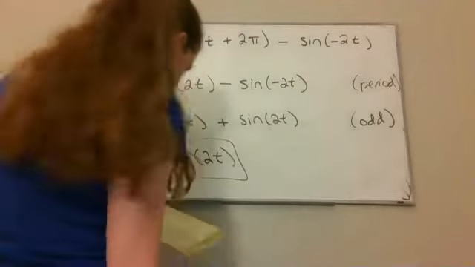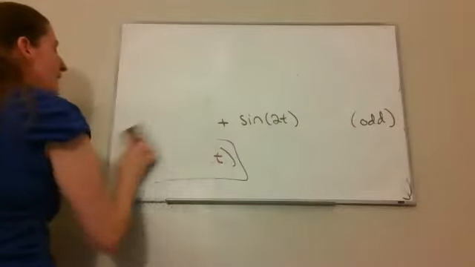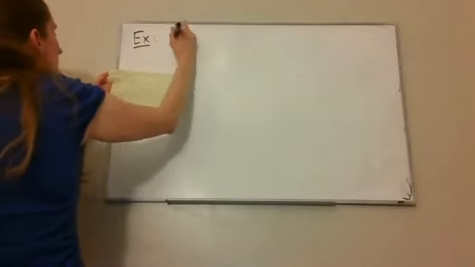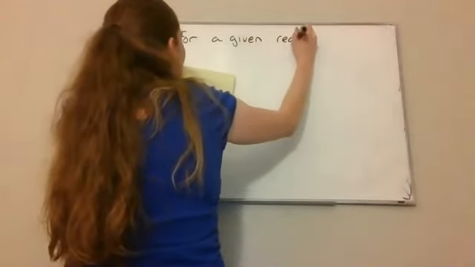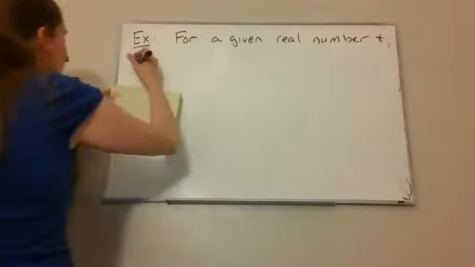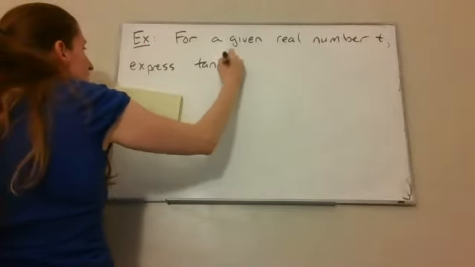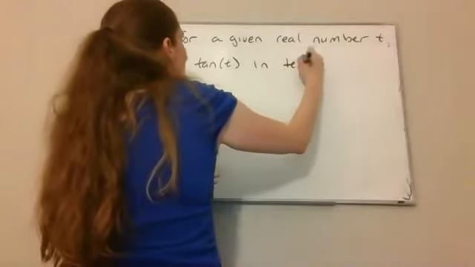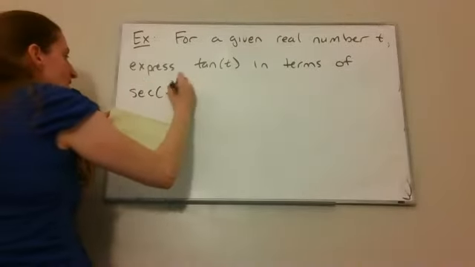All right, and let's just do one last example to wrap up this video. For a given real number t, express tangent of t in terms of secant of t.